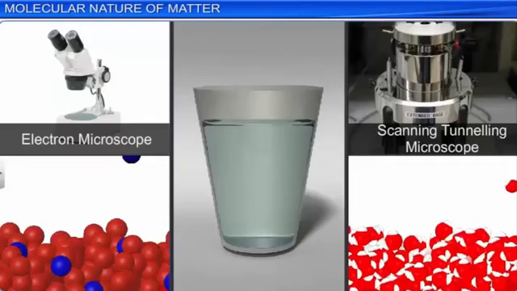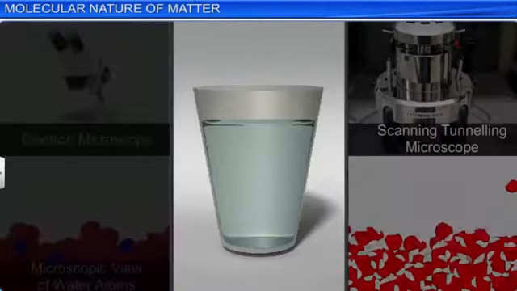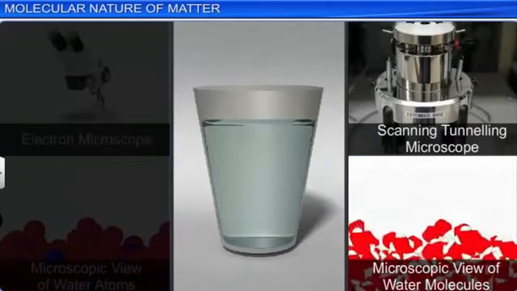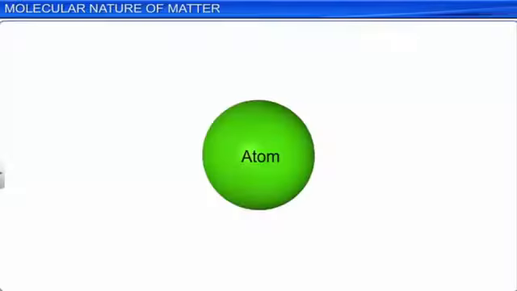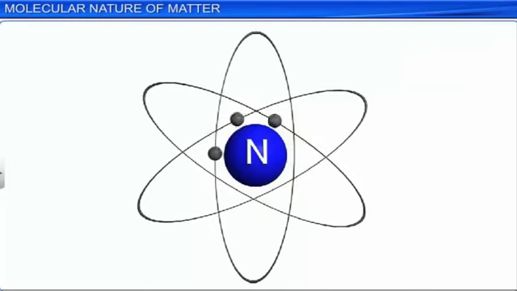The molecules and atoms of matter can be seen through electron microscopes and scanning tunneling microscopes. So we now know that atoms are divisible and are not elementary. An atom is made up of a nucleus in the center and electrons revolving in orbits around the nucleus.